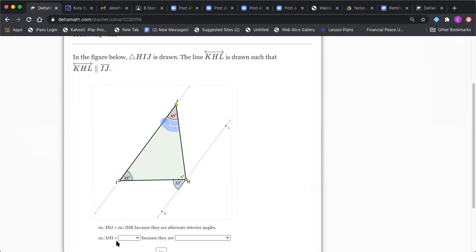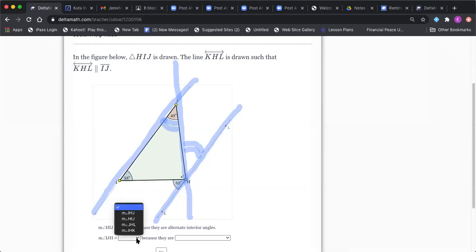Well, if I do the same thing, here are my parallel lines, and now here's the transversal that I'm looking at. One angle that's going to be equal to that one would be this one right here, because that's another pair of alternate interiors. So what's the name of that angle? JHL, looks like. Let's look in the drop-down menu. Yep, there it is, JHL.